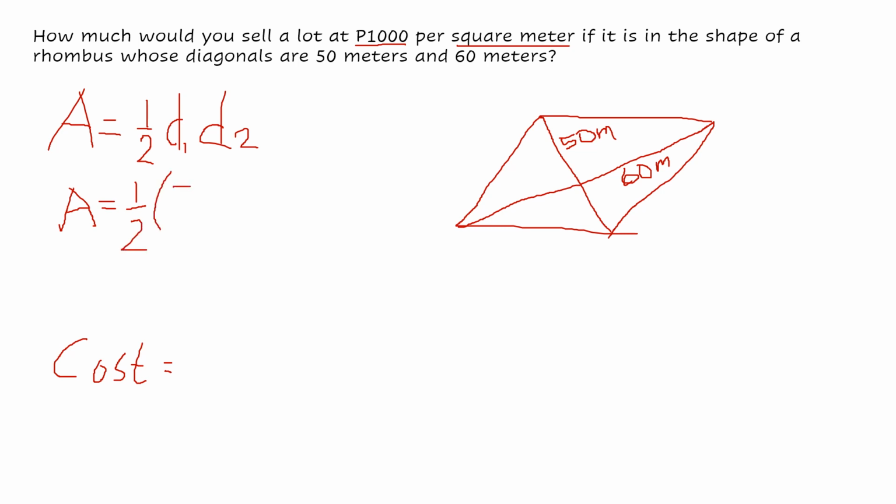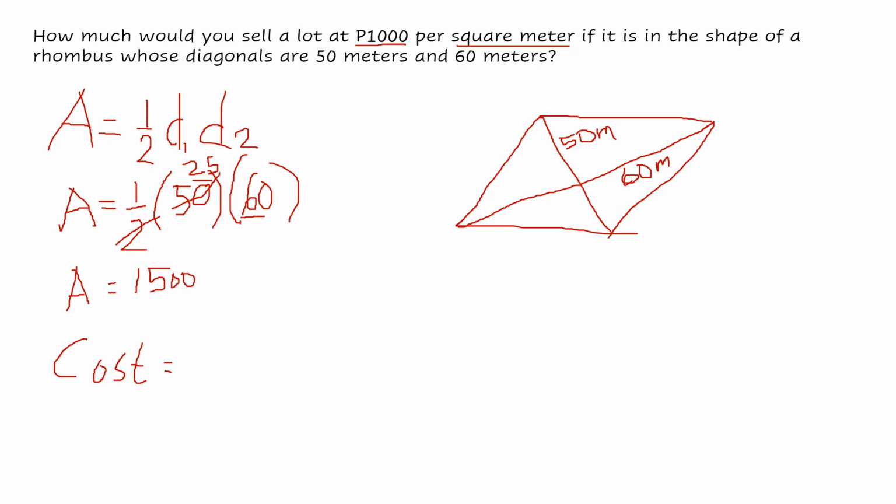Let's assume that the first diagonal is 50 and the other diagonal is 60. So area equals, by cancellation technique, we can just divide 50 by 2, which is 25. And 25 times 60, you get 1,500.